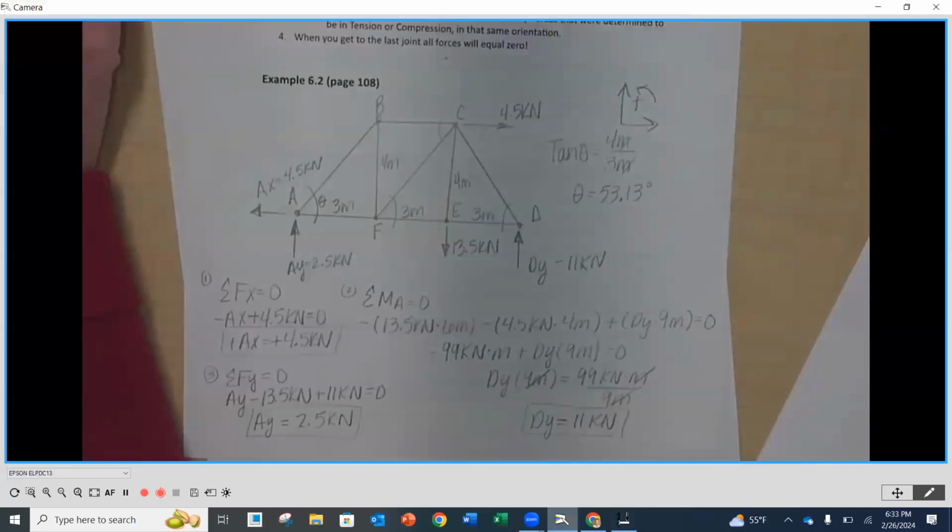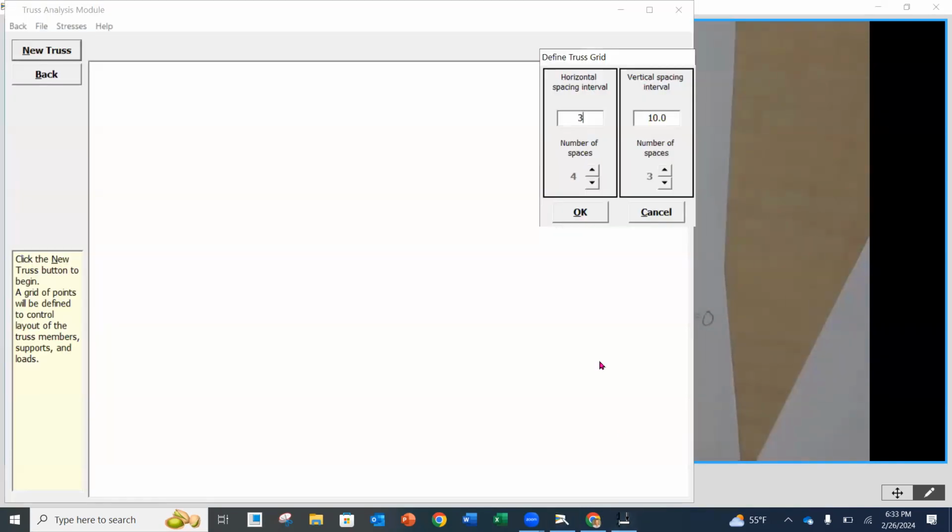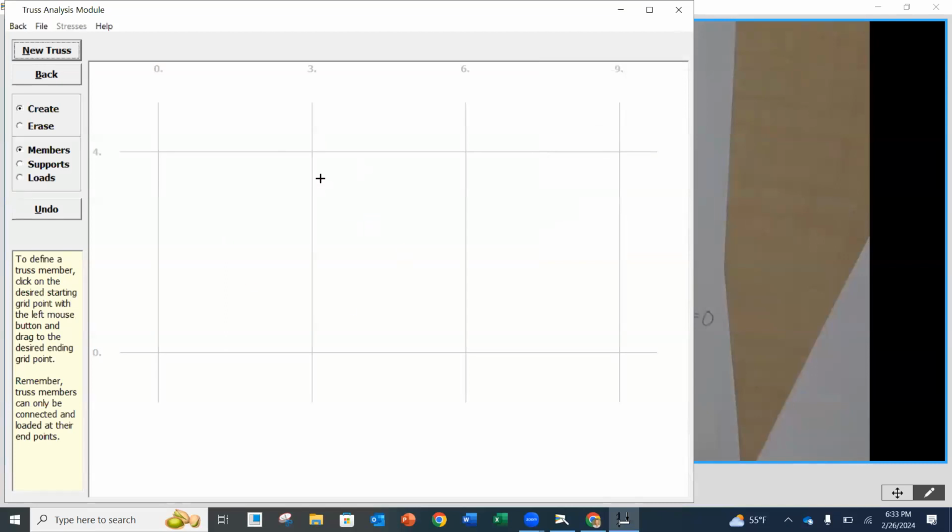If I go back underneath, there's 1, 2, 3, all right? So I'm going to change this from 4 to 3. So 3 is my number in between, and there's 3 spaces. Then vertically, my number is 4 meters, and there's only 1 value up. If you had multiples, you would add those in. So I'm going to hit OK. And now it just creates a grid for me.